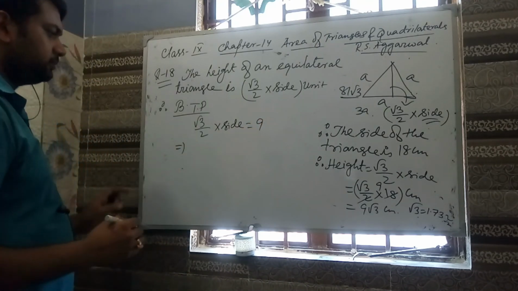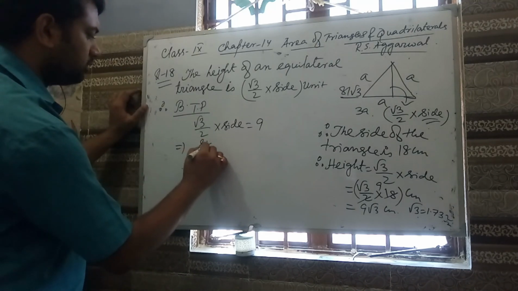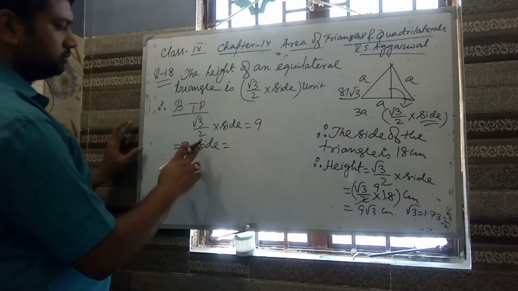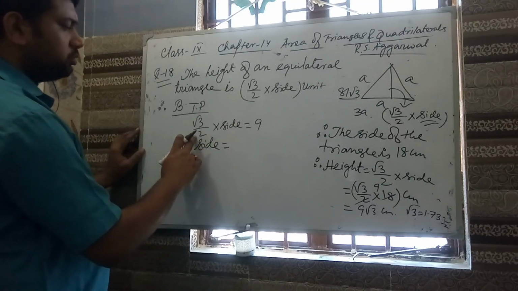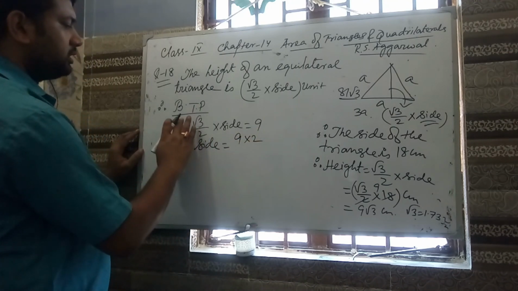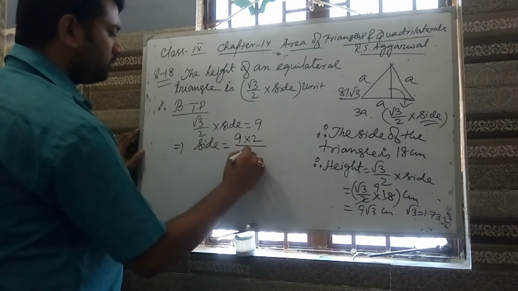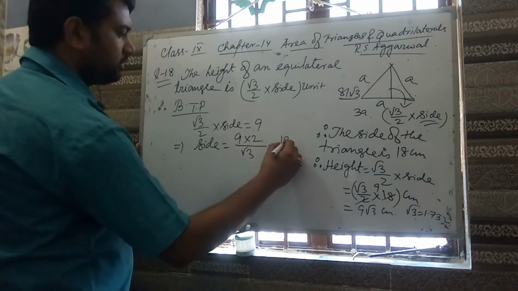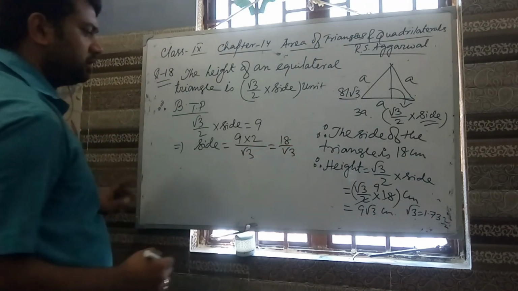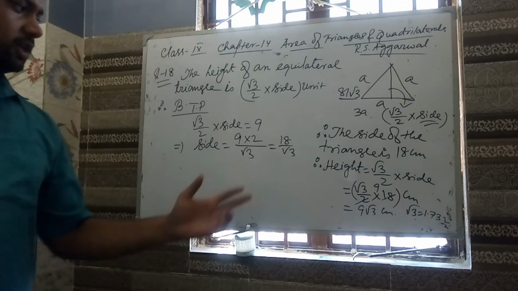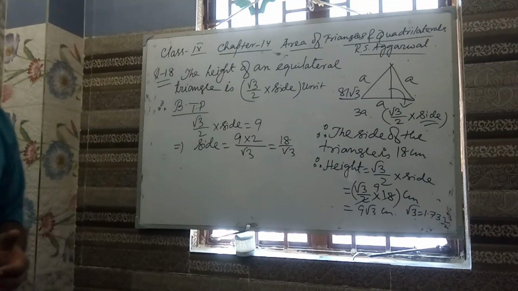So that implies side equals, these two we have to multiply with 9. So 9 into 2, and this root 3 will come to the denominator. That is 18 by root 3. Now look, we have root 3 in the denominator. So what we have to do?